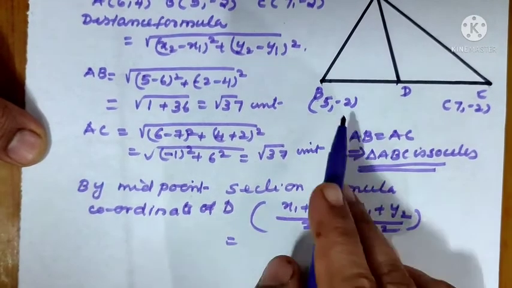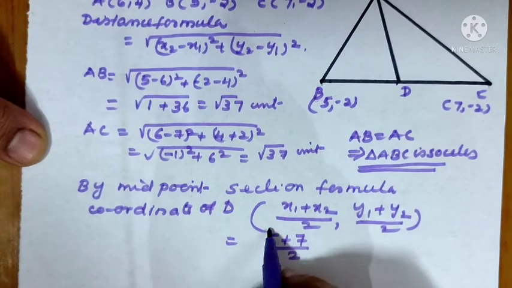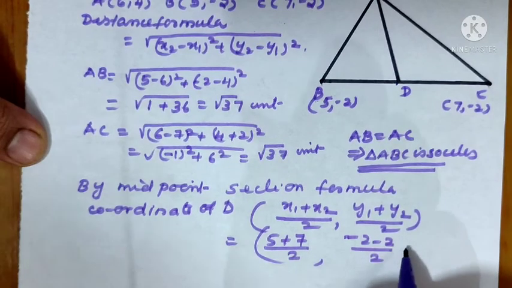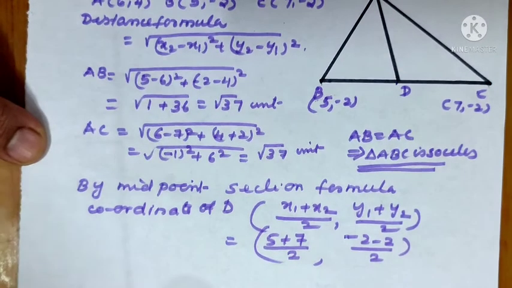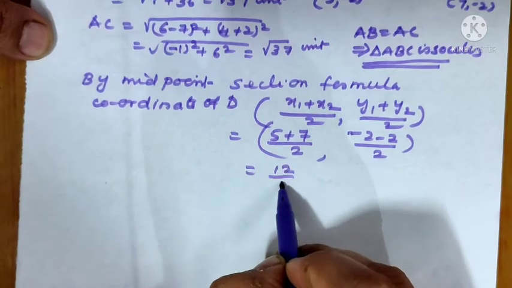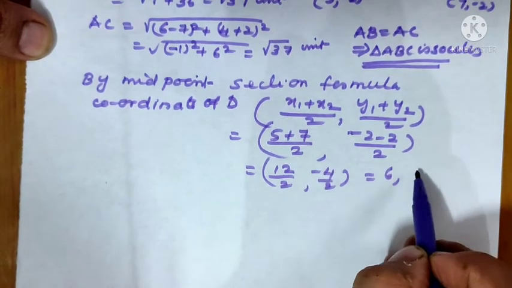So we take (5 plus 7) divided by 2, (-2 minus 2) divided by 2. It is equal to 12 divided by 2 and -4 by 2, that is (6, -2).